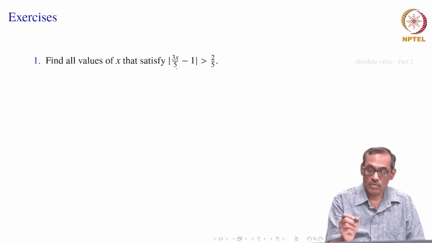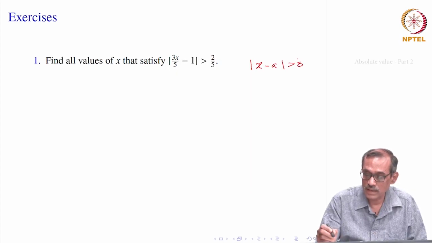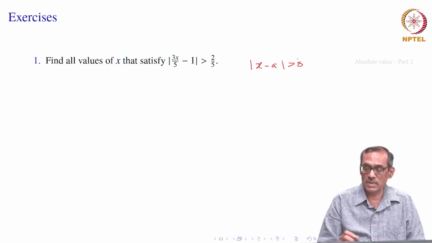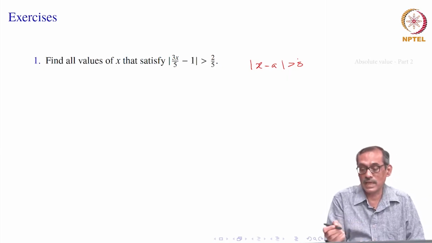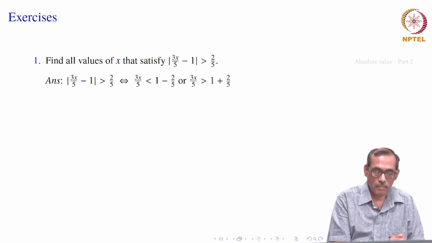We know the meaning of mod x minus a being bigger than delta. This means x lies beyond the delta neighborhood of a. That means x has to be bigger than a plus delta or x is smaller than a minus delta, right. So, let us use that.